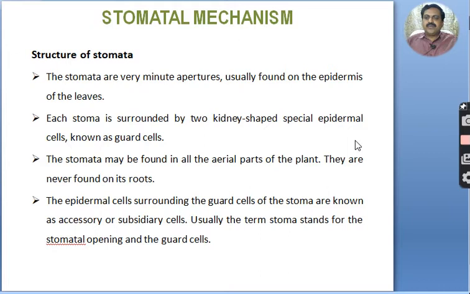Each stoma or stomatal aperture is bounded by two kidney shaped specially made epidermal cells. Since these special epidermal cells guard the stomatal aperture, they are referred to as guard cells. The epidermal cells surrounding the guard cells of the stoma are known as accessory cells, otherwise also called subsidiary cells.